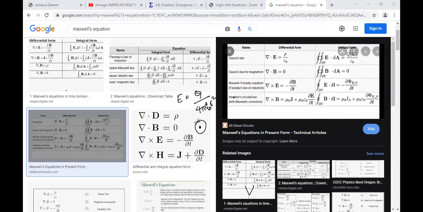I want to put in the dot and the cross product, and explain why one gets equal to 0 and the other gets equal to something else. We have to deal with dot product equals 0. Remember, if we have two vectors that are perpendicular, the dot product is equal to 0.